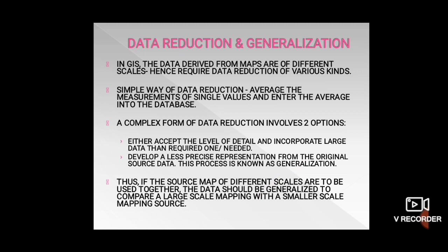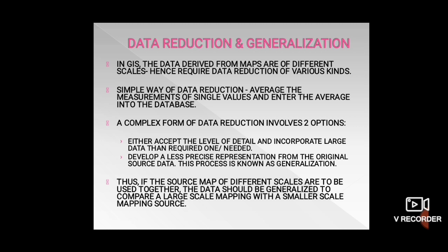What is data reduction and generalization? In GIS, the data may be derived from maps of different scales, and hence GIS input may require data reduction of various kinds. A simple way of data reduction is to average the measurements of a single value and enter the average into a database. However, a complex form of data reduction involves two options.